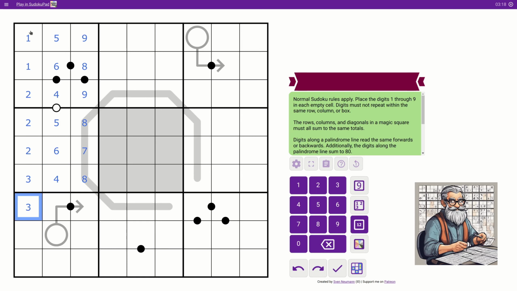Or 3, 5 and 7, and then 4 would leave us with 11, so 2, 9, well, we're repeating, right? If we say without the 2, 4, 5 and 6.